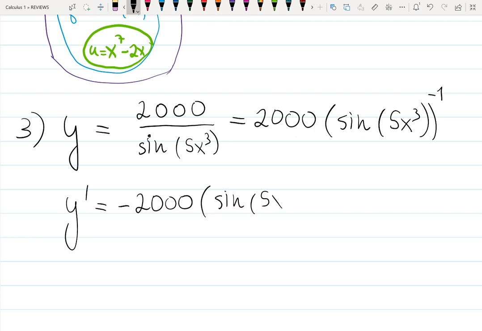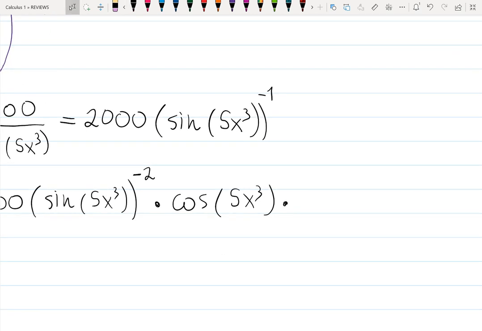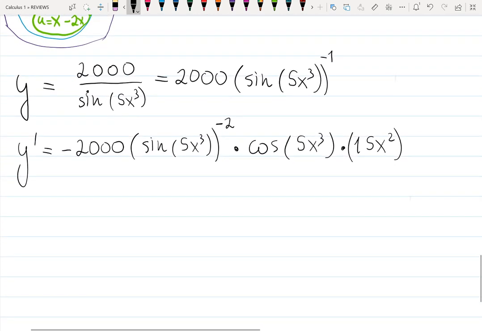Sine of 5x cubed raised to negative 2, decreased by 1, times, differentiate the function inside, which is sine. Now it becomes cosine 5x cubed, times, finally differentiating the function inside, which is 15x squared. Did you catch up? Chain rule twice.